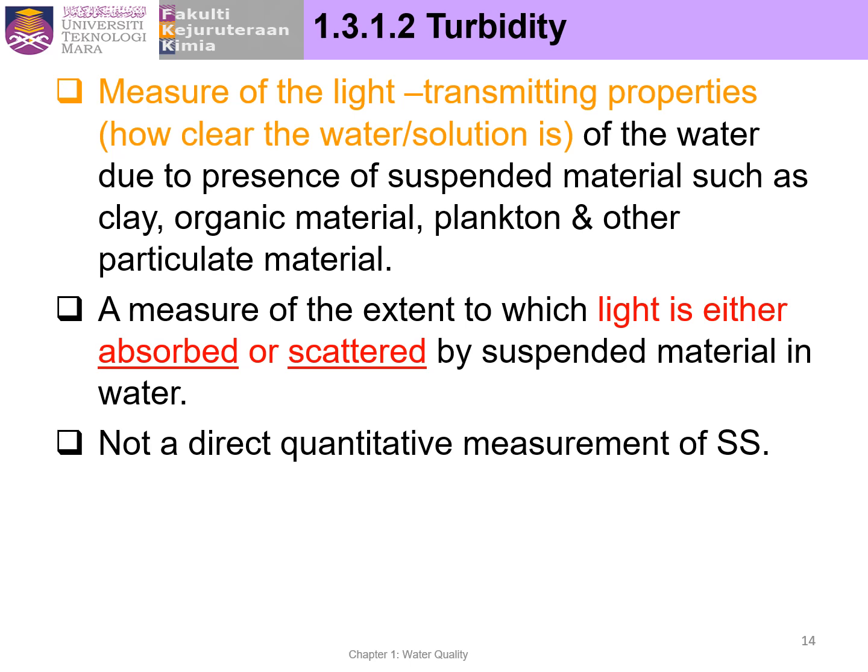So this is another way of describing turbidity. Why is there a difference in light transmitting? Maybe it is due to the presence of suspended materials such as clay, organic material, plankton, or other particulate materials. How does the light transmit? It is either absorbed or scattered. It is not a direct quantitative measurement of SS.